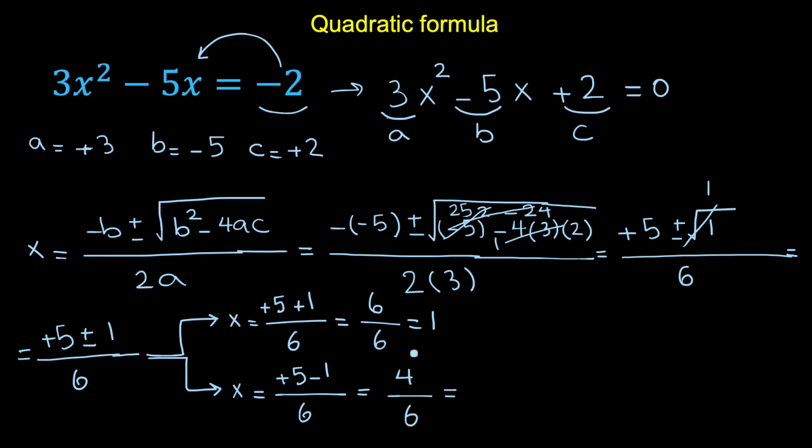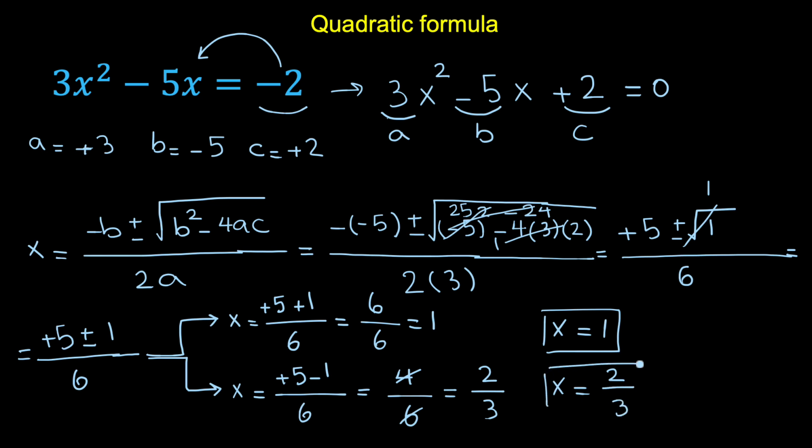And if I want to simplify it, I just need to divide the two numbers by 2. So 4 divided by 2 equals 2, and 6 divided by 2 equals 3. So one of our answers is positive 1, and the other is 2 divided by 3.